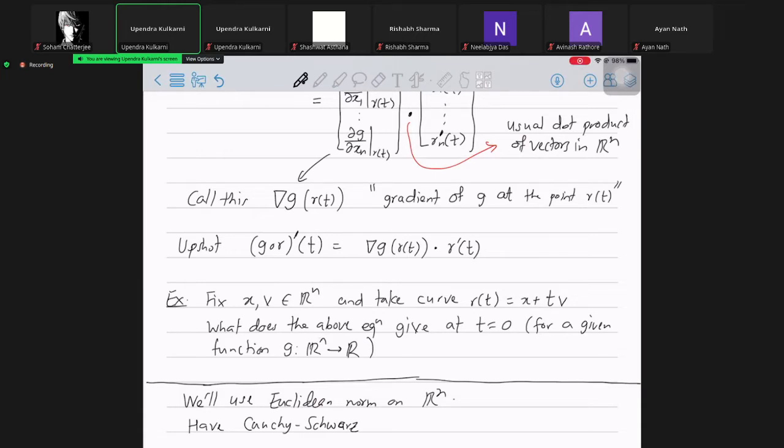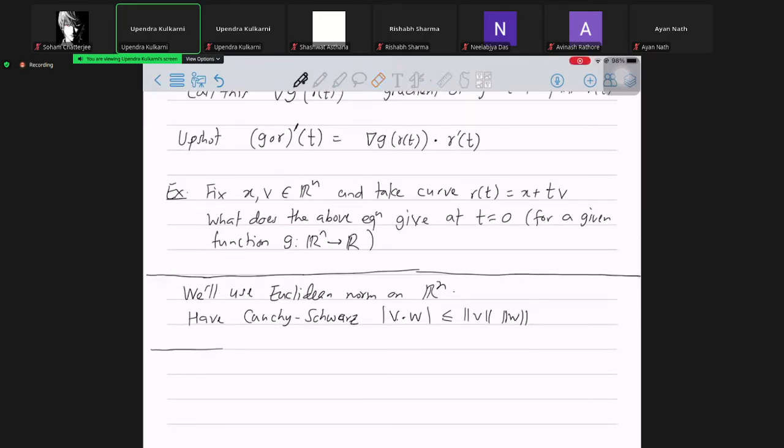If I have two vectors V and W, then what do I know about their dot product? It's less than or equal to the product of their norms. In fact, we can take absolute value here, right? So |V·W| is at most the norm of V times the norm of W. So let's keep that in mind. This is going to be useful. Excellent. So, mean value theorem.